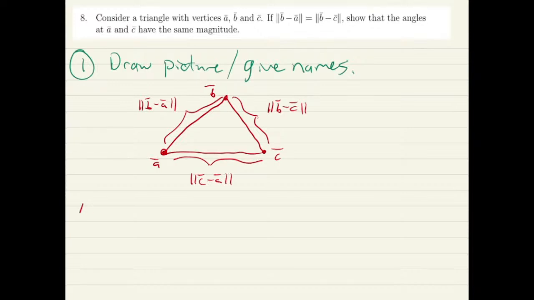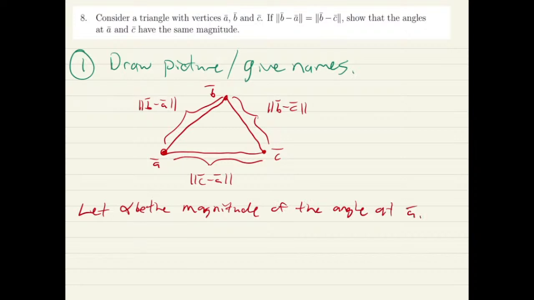Okay, I'm going to give names. Let alpha be the magnitude of the angle at A. Okay, so that's going to be alpha.